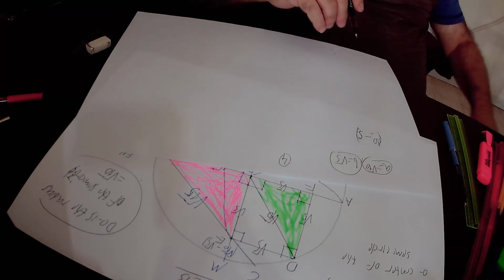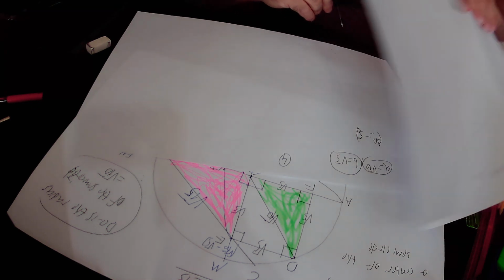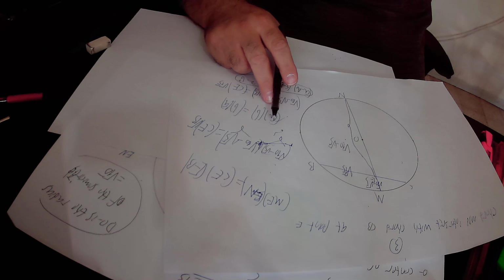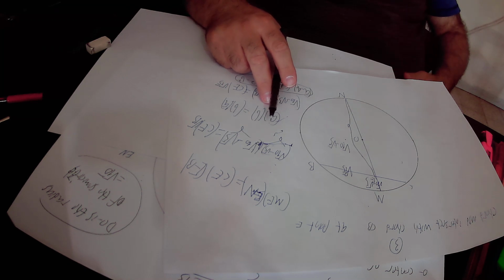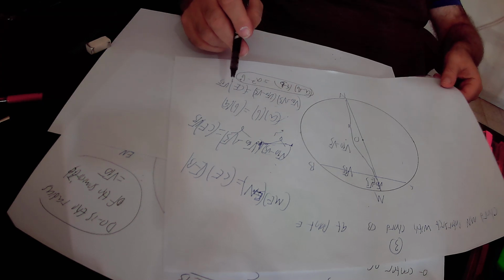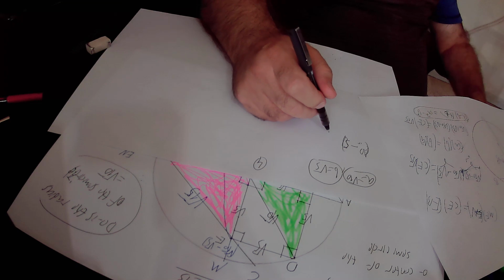And according to rule number 2, this expression, the square root of 10 minus the square root of 5 times the square root of 10 plus the square root of 5, that is A square minus B square, is equal to CE times the square root of 15.